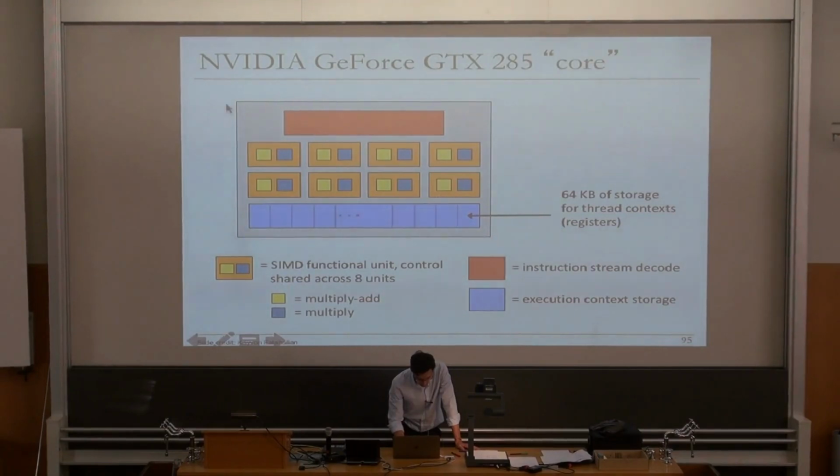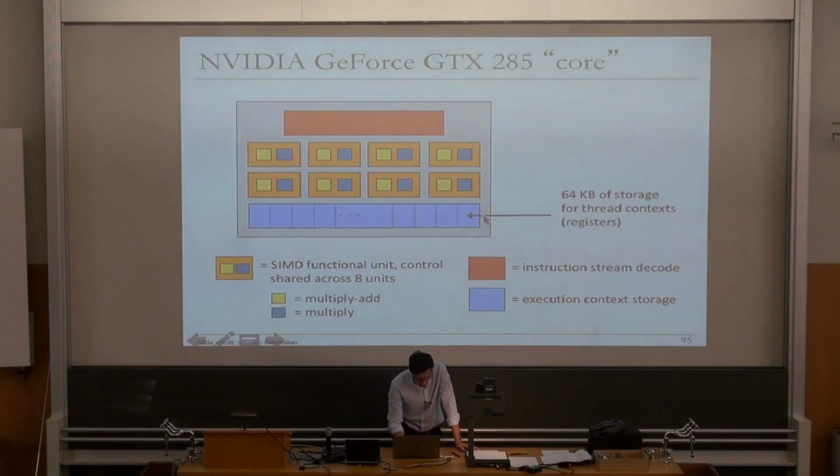Here, this would be the entire SIMD pipeline, and here you can see the different functional units, the 8 vector lanes, and in each of these lanes we have two processing elements. One of them is for multiply operations, the other one is for add operations.